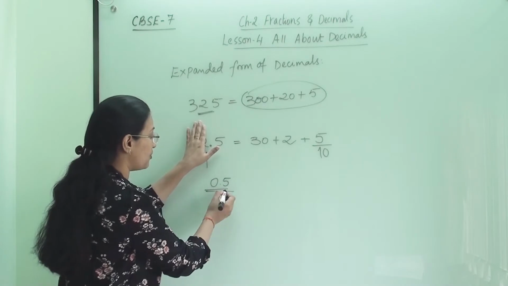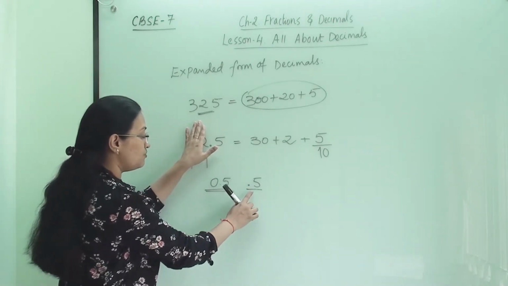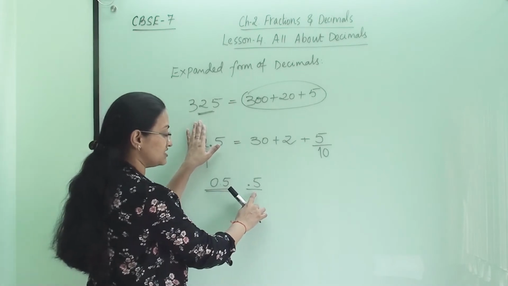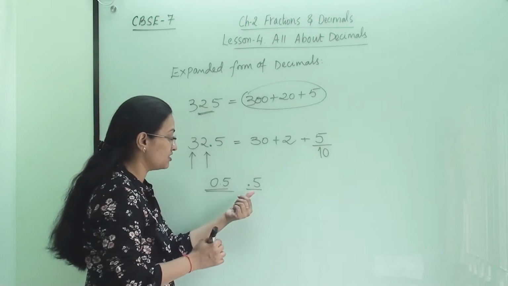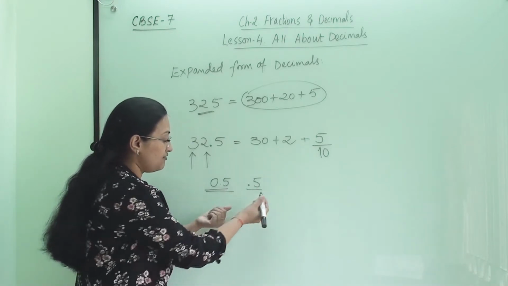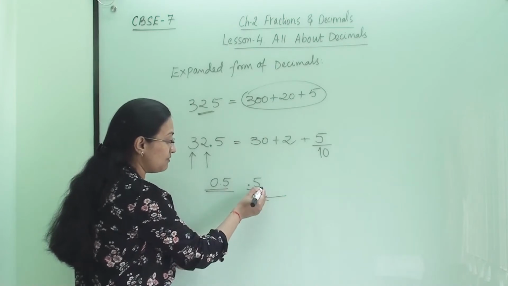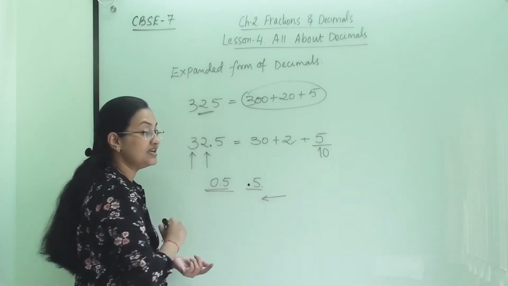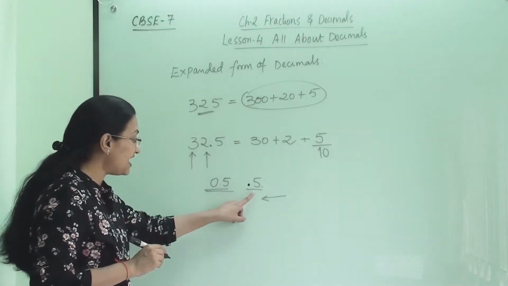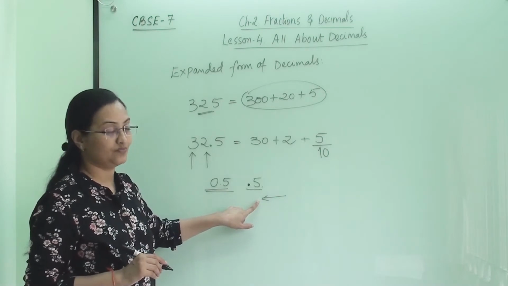Now what will be the place value of this number? Earlier we saw how to convert a decimal into its fraction. If we check from the right side, we have counted only one number and put the decimal point over here. That means 10 is in the denominator of 5.